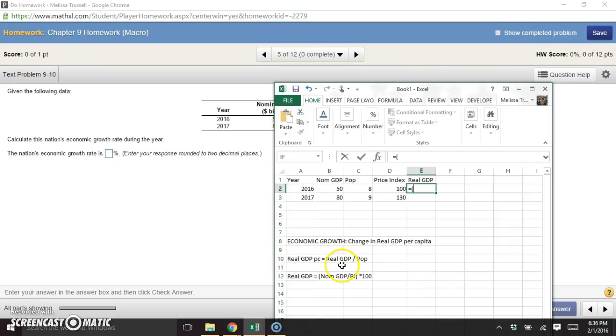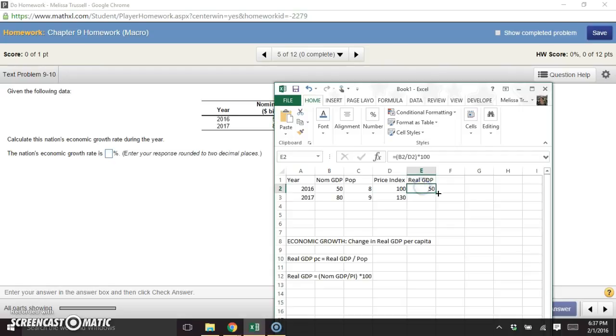Again, I'll use parentheses to remind myself and Excel that the whole thing's going to be times 100 in the end. So my real GDP is nominal GDP, which is this cell here, divided by my price index, which is this one here, and then all of that in parentheses times 100.